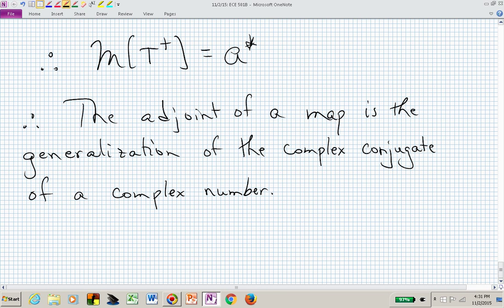So now when somebody says, oh, what's the adjoint, you can start thinking, well, if I had a complex number as my map, now the adjoint is just the complex conjugate of that number.